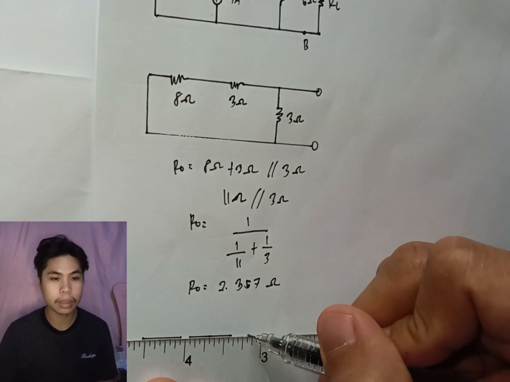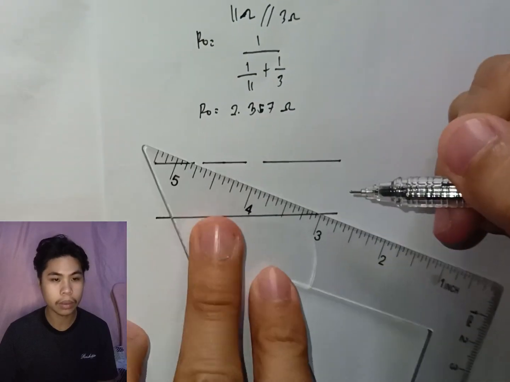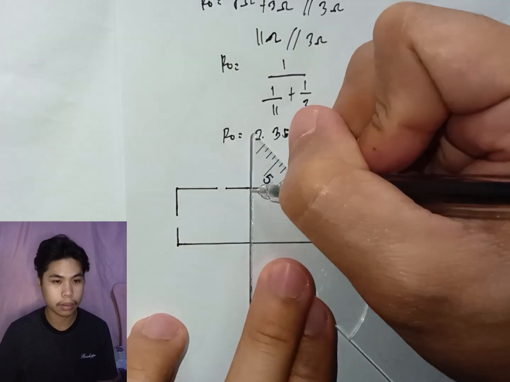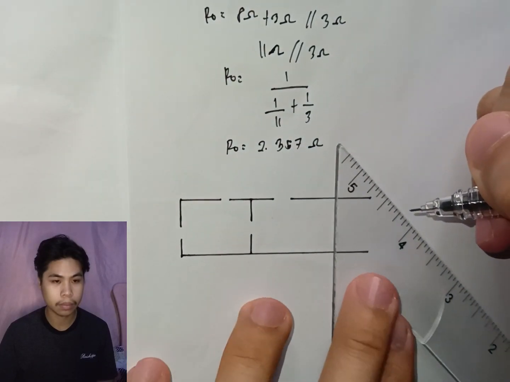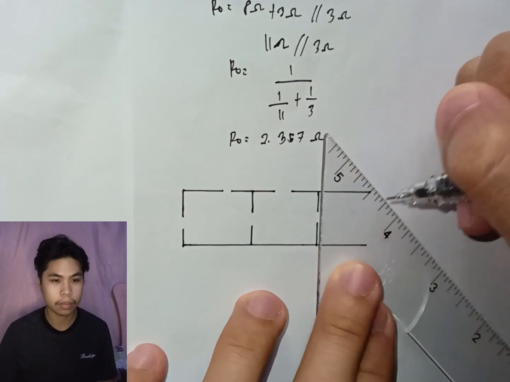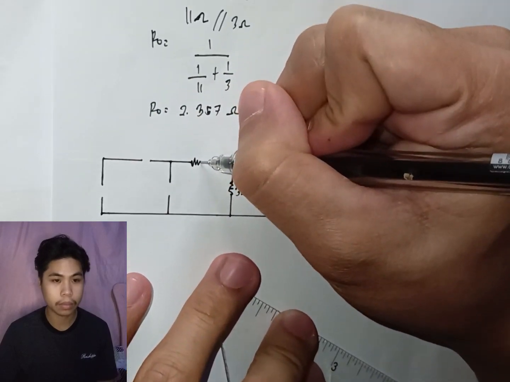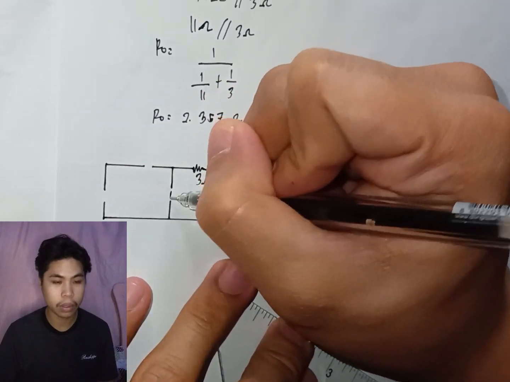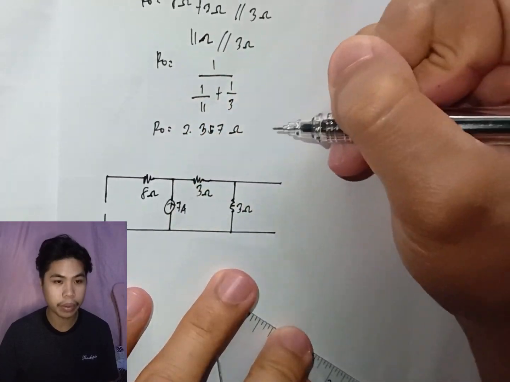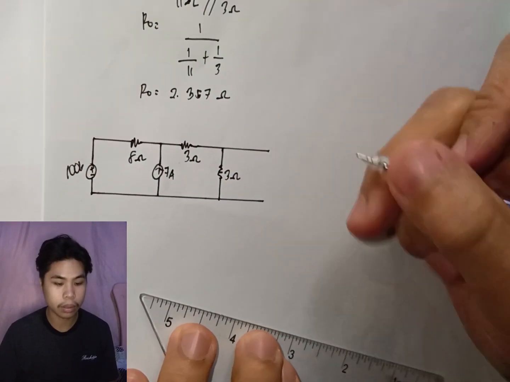So i-redraw natin silang lahat ulit, including yung power sources. 3 ohms, 7 ampere, 8 ohms, and 100 volts.